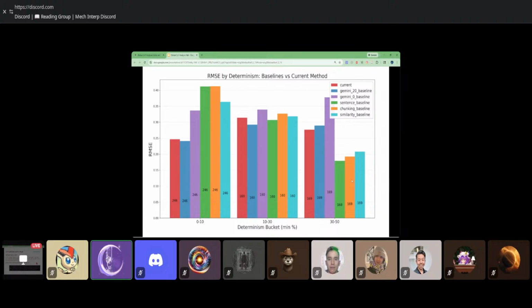And then in high deterministic prefixes, here's where our methods do worse than the sentence or chunking baselines. The idea here is it's really good to just guess 50 basically, or guess something in the middle. Our methods, on the other hand, appear to, quote unquote, overfit to what the particular prefix looks like, and find some small selection of rollouts.